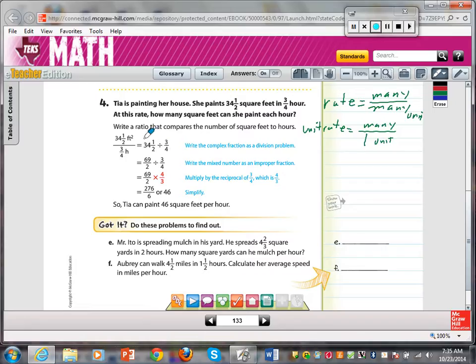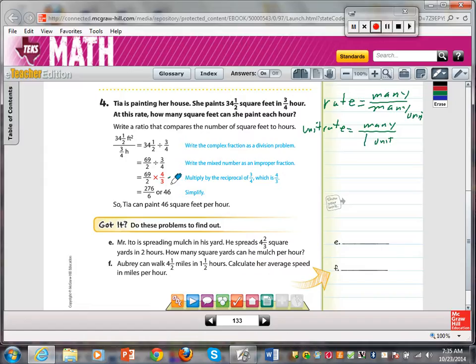Convert the mixed number to an improper fraction. 34 times 2, that will be 68 plus 1, 69. And then you keep the same denominator. Divided by 3/4. Go ahead and convert this to multiplication by taking the reciprocal of this number.